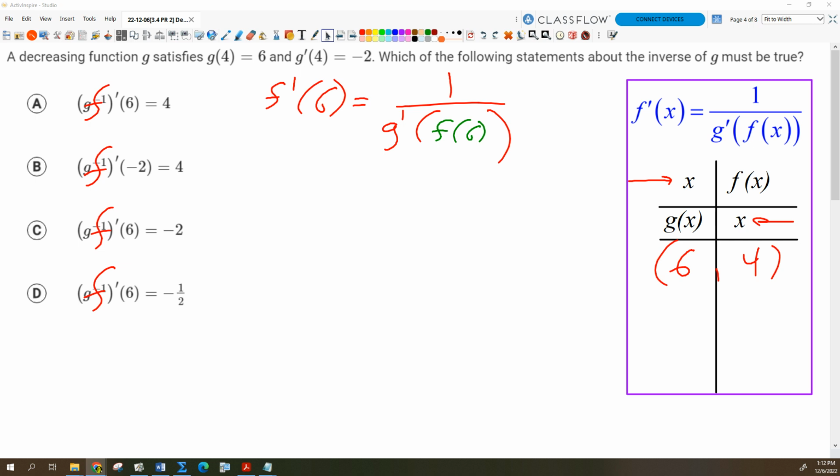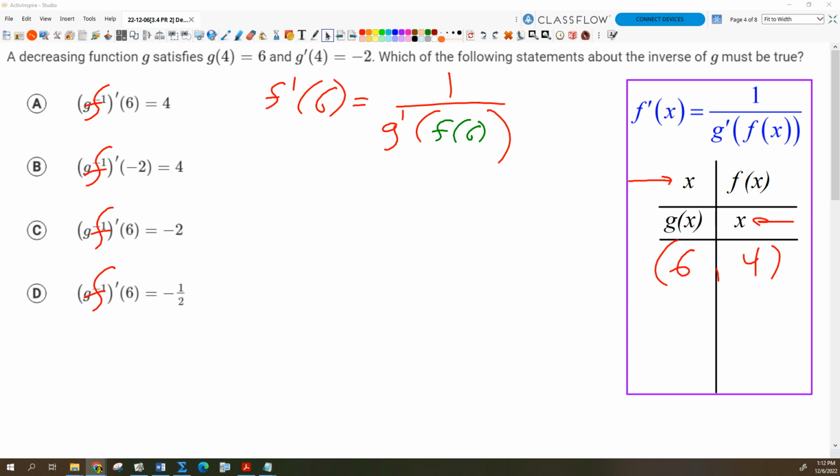So let's test number 1 here. Number 1 says F prime of 6 equals 1 over G prime of F of 6. So what's F of 6? 4. Everybody see that? Because we read it this way: F of 6 equals 4.